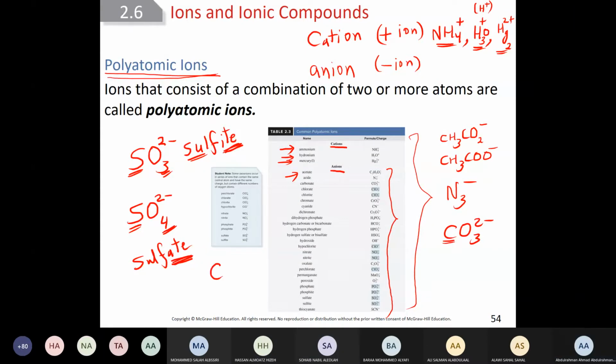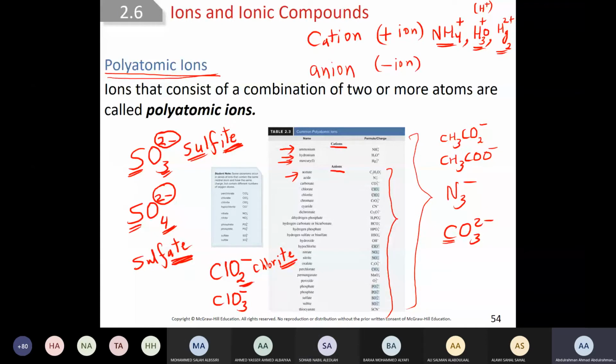And what's the charge, by the way, in this one? Negative 2. This one? Also. Okay, let's go to this one. ClO2 minus and ClO3 minus. What's the first one called? Chlorite. Why do you say ite?